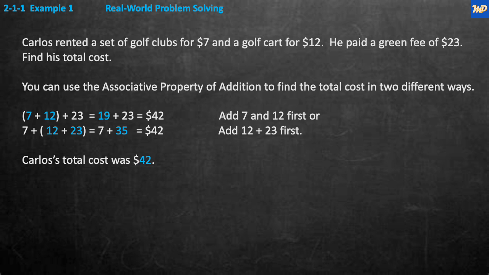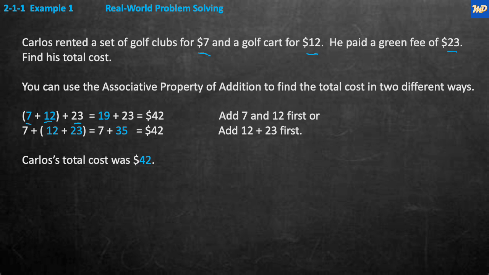So as we see here, the $7 is his club rental. $12 was the cart rental. And $23 is the green fee. So you can add the 7 plus the 12, and then add the 23. 7 plus 12 is 19, plus 23 is 42.